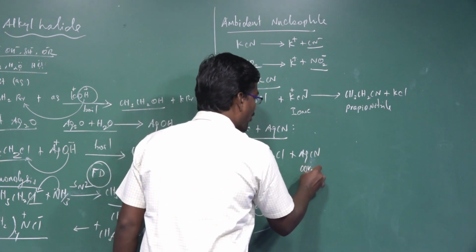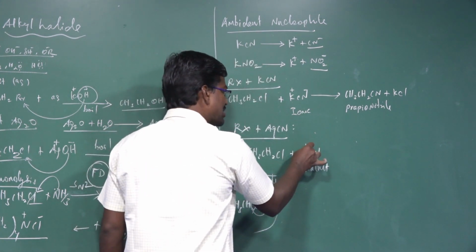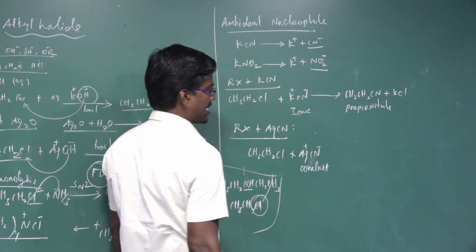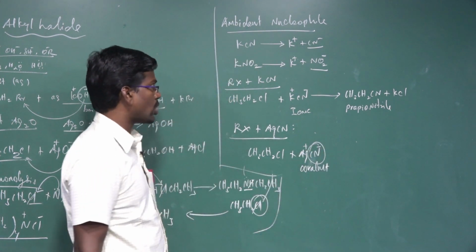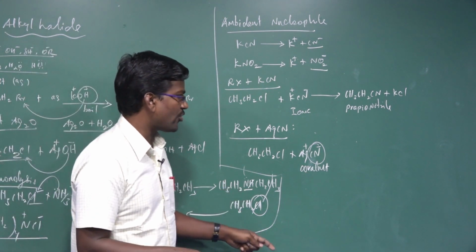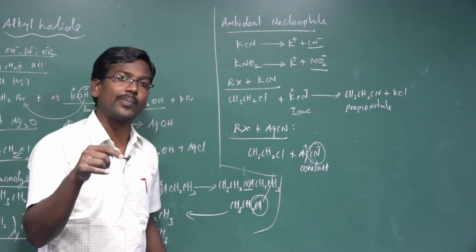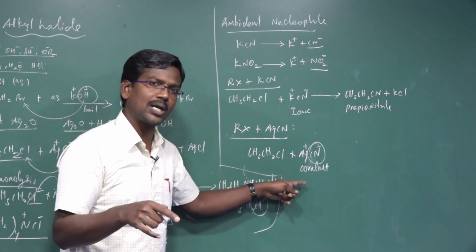Silver cyanide is covalent in nature. It dissociates to give silver and CN- ion. The CN- ion acts as an ambident nucleophile. The cyanide ion contains two elements: one is nitrogen and one is carbon.